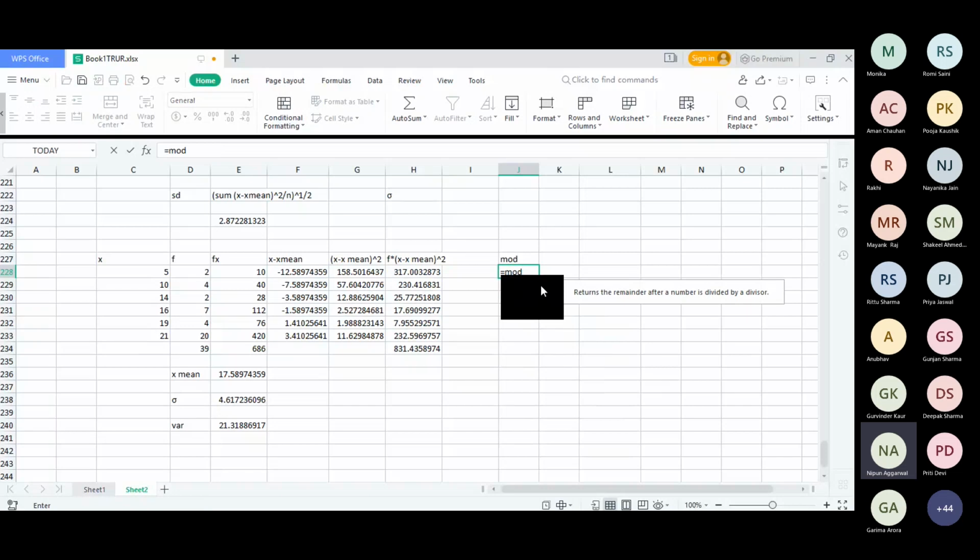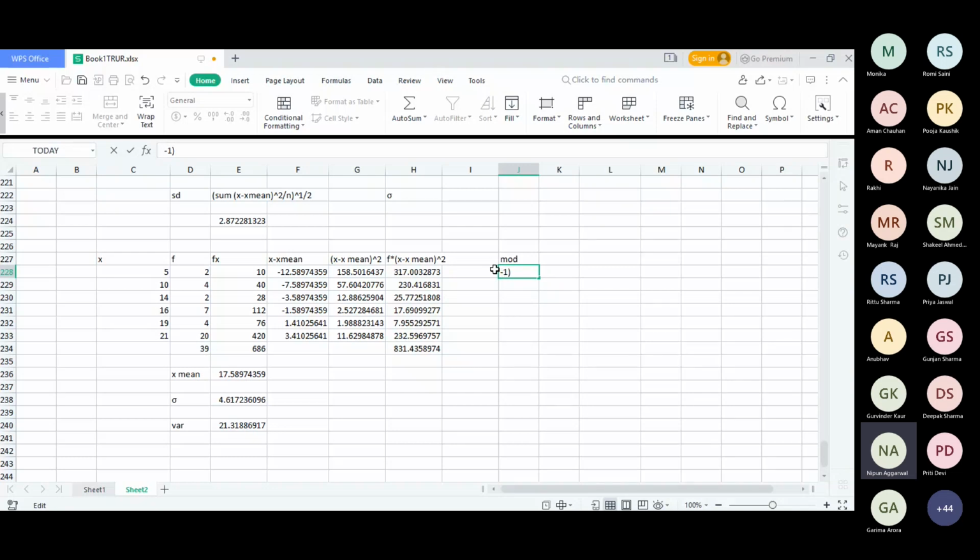The modulus function is not directly available in Excel like this, but you can simply multiply the negative values by -1 to make them positive.